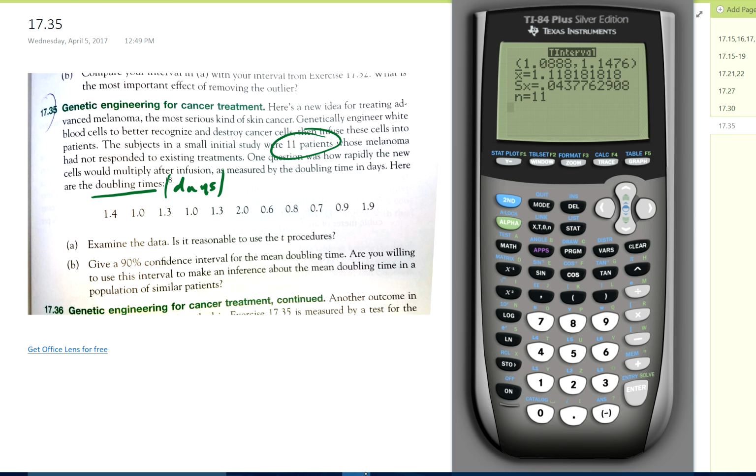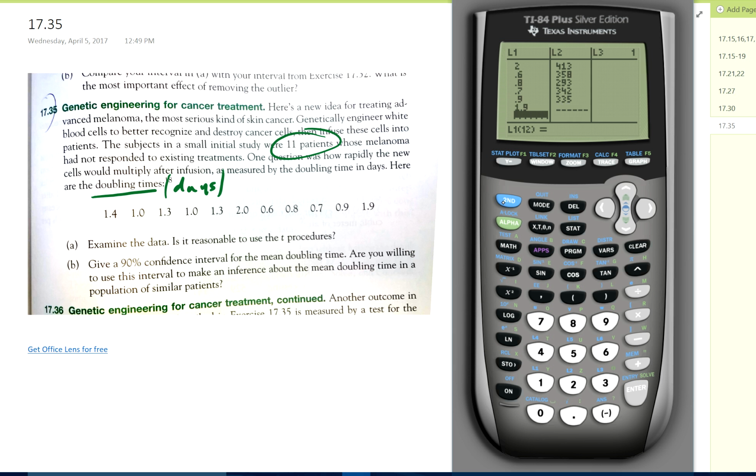Does it look like it's relatively unimodal and symmetric like we just did in the last problem? And since I'm going to make a 90% confidence interval, we're going to need to put the data in here. So let's put it in right now and then look at the graph. 1.4, 1, 1.3, 1, 1.3, 2, 0.6, 0.8, 0.7, 0.9, 1.9.